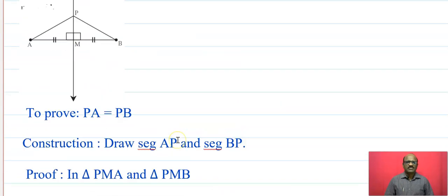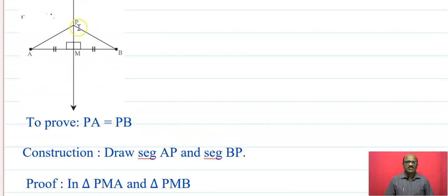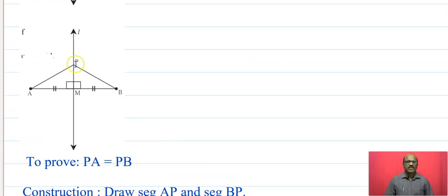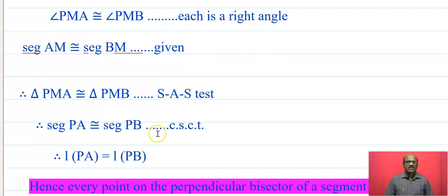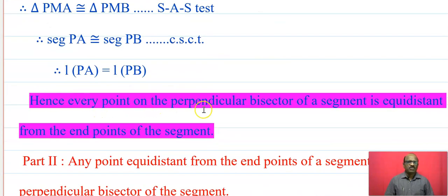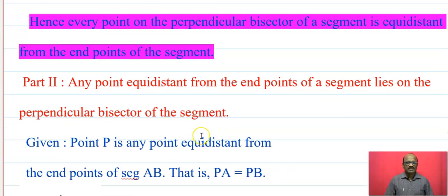Therefore, triangle PMA is congruent to triangle PMB by the SAS test. Therefore, PA is congruent to PB, being corresponding sides of congruent triangles, and hence every point on the perpendicular bisector of a segment is equidistant from the endpoints of the segment.